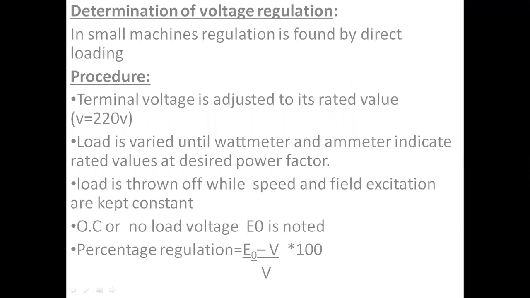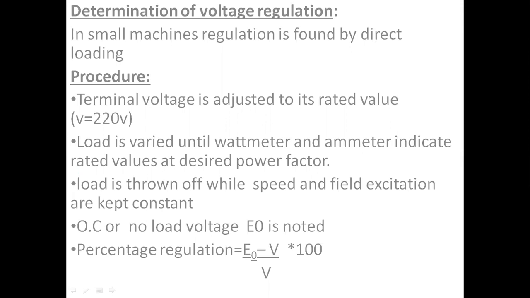The alternator is driven at synchronous speed Ns and the terminal voltage is adjusted to its rated value V. Okay, so first we drive the alternator at synchronous speed and adjust the terminal voltage to its rated value V. Now the load is varied until the wattmeter and ammeter indicate the rated values at the desired PF.